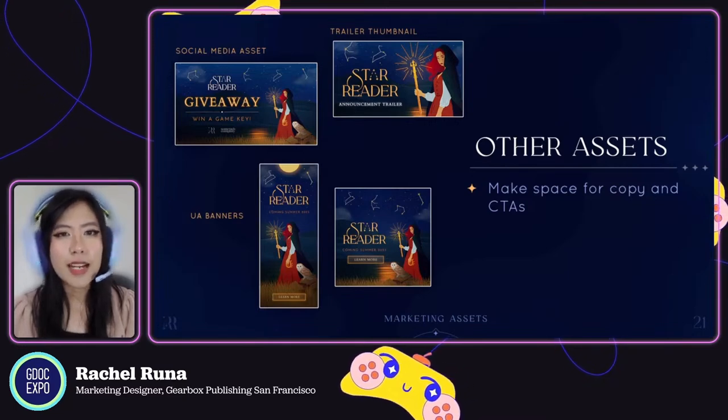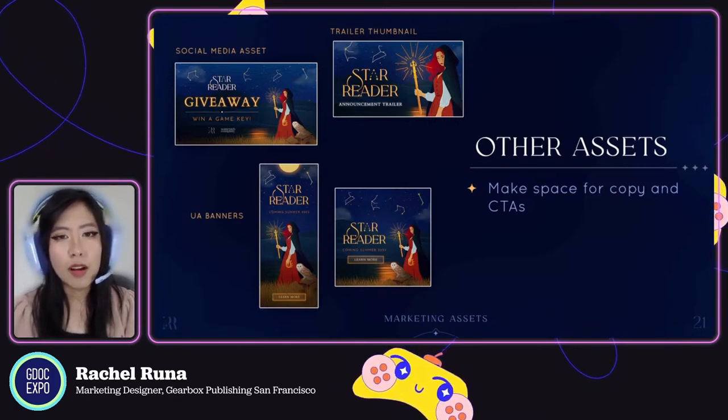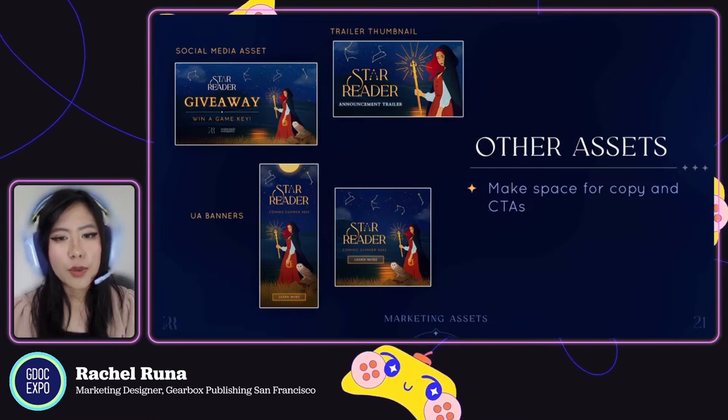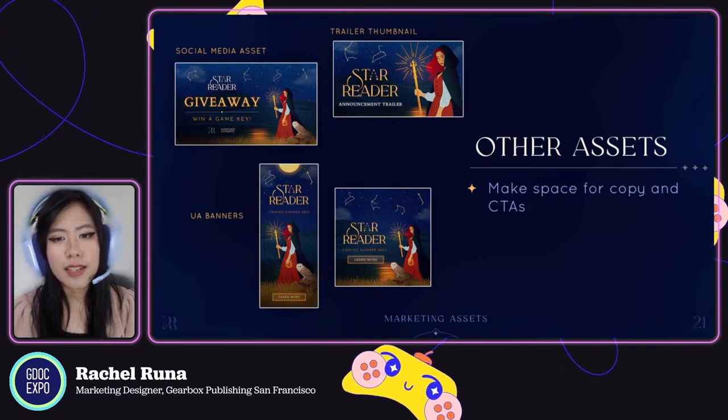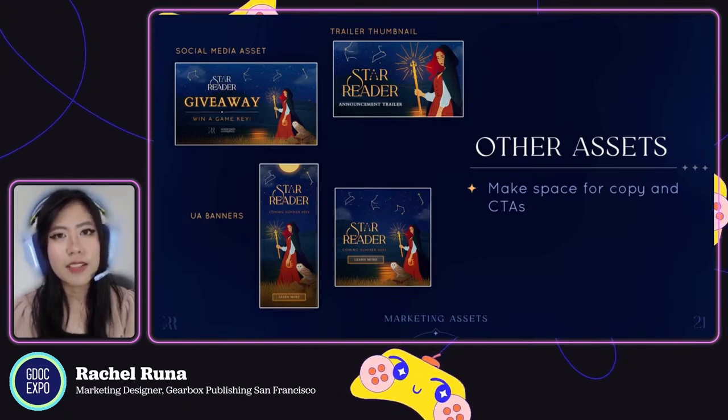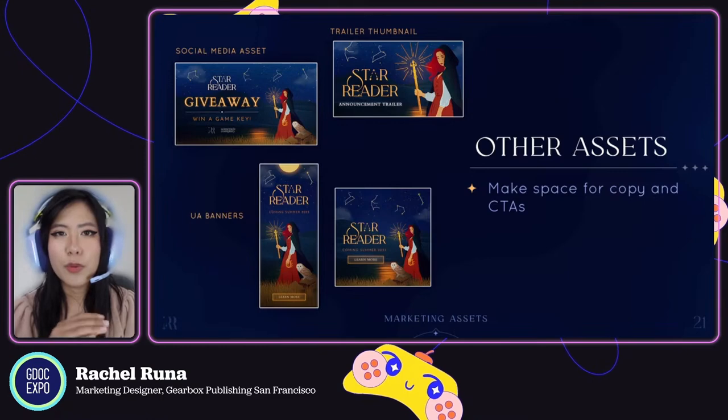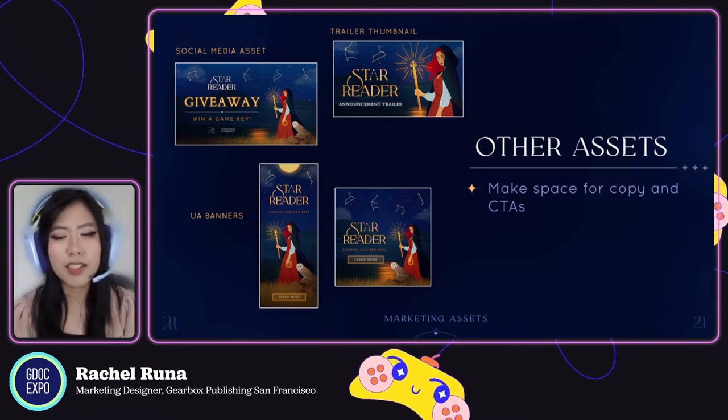Announcement trailer as copy can be very long, so there are different ways to go about that. You could stack the text. In this case, I just left it as one piece of horizontal text.